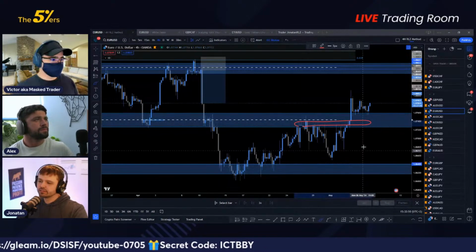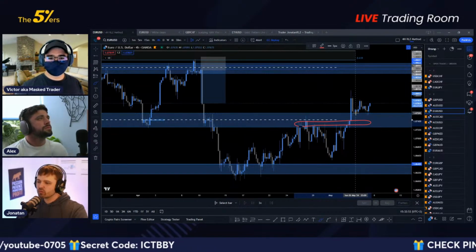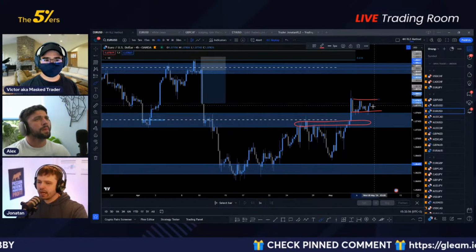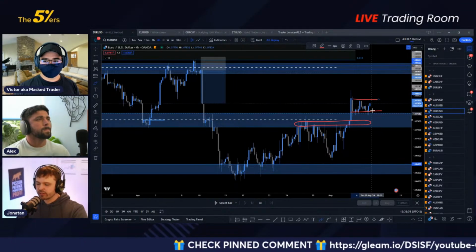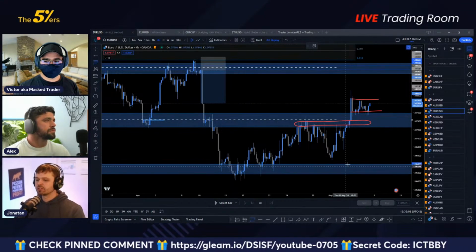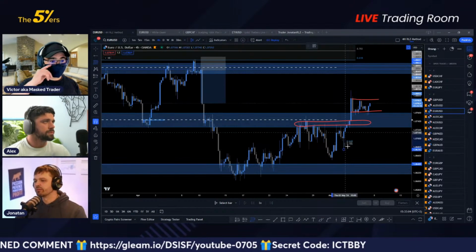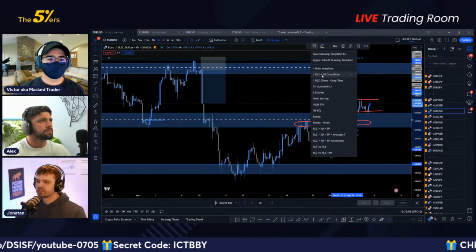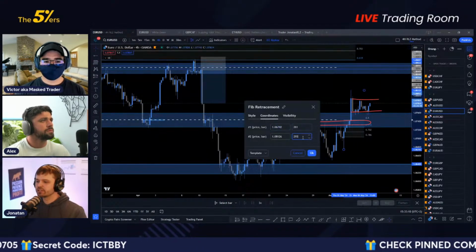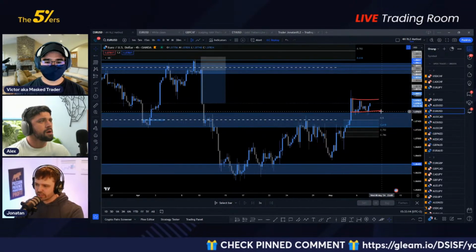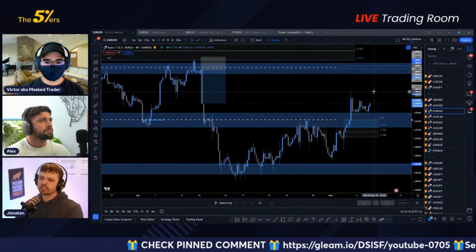What we're seeing right now is kind of a low time frame range right here, and I don't want to be long here. If you add the fibs here, you'll understand. If I add the fib from that low to this high, you'll see that we can add the 50 here as well, and it's just a perfect level.